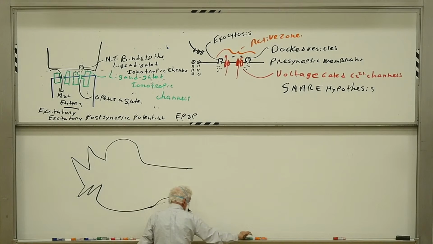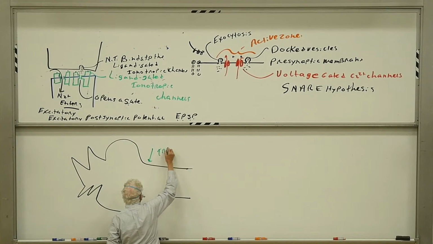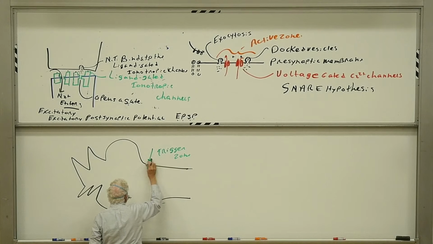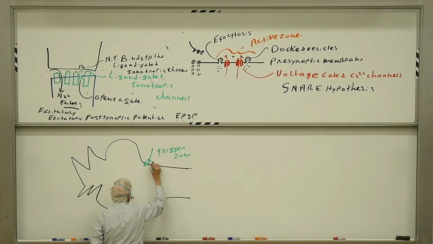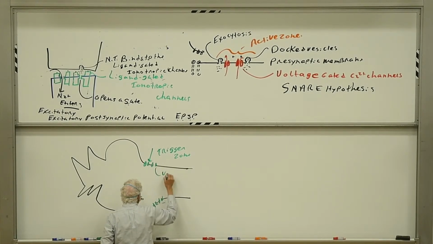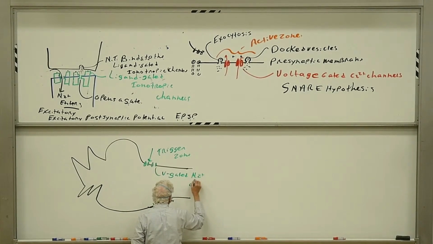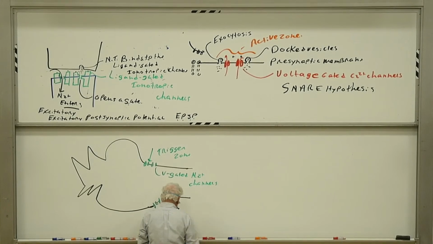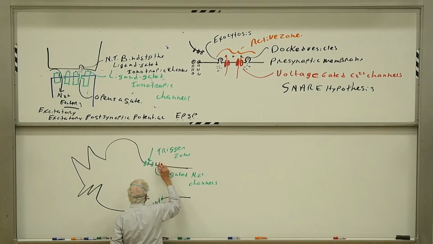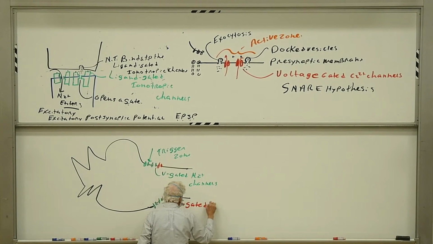Up here, we have the trigger zone. And the trigger zone, of course, is characterized by the clustering of the voltage-gated channels, the voltage-gated sodium channels and their counterparts, the voltage-gated potassium channels.